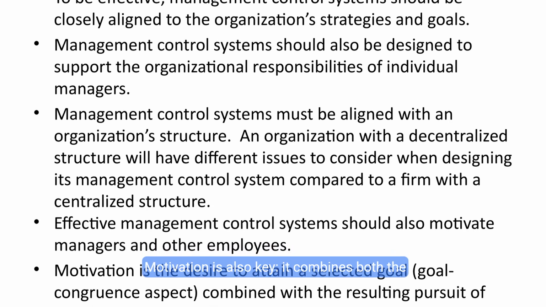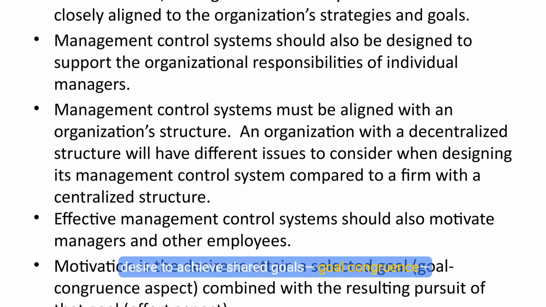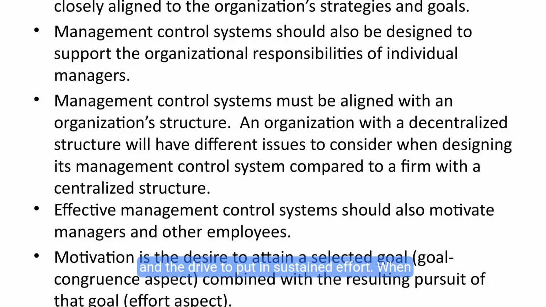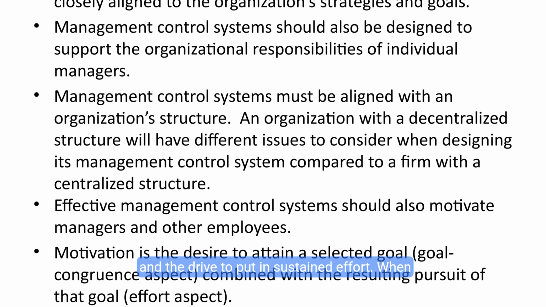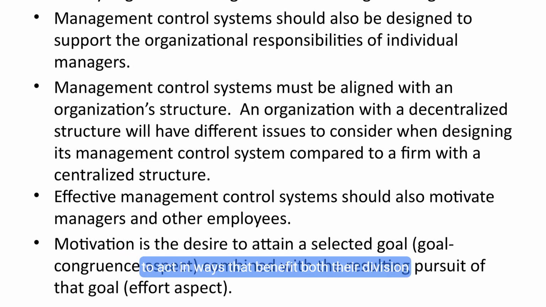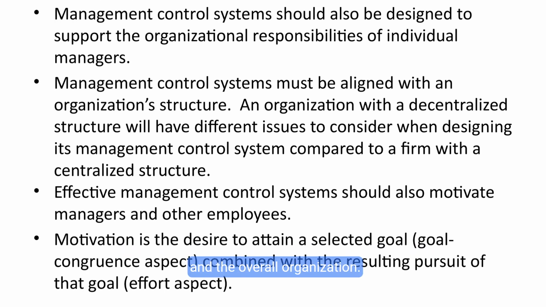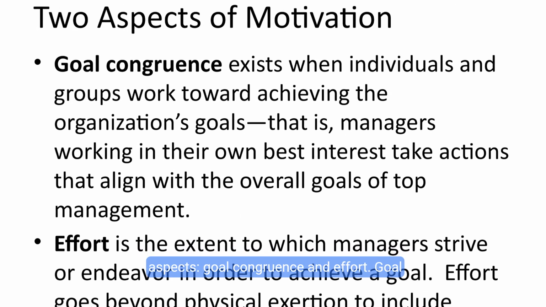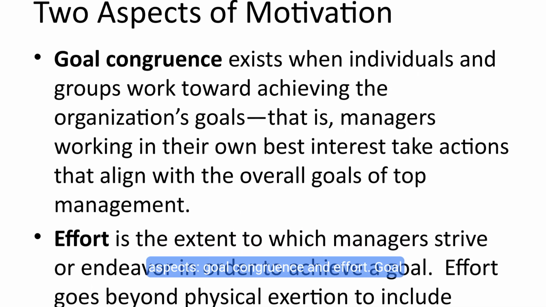Motivation is also key. It combines both the desire to achieve shared goals, goal congruence, and the drive to put in sustained effort. When all these elements align, managers are empowered to act in ways that benefit both their division and the overall organization.